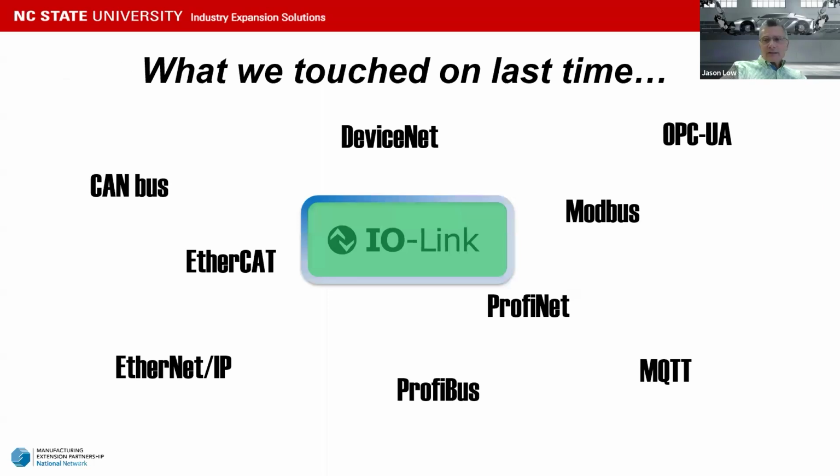So these are some of the common industrial protocols, some of which have been around for many decades. And last time we looked at this particular protocol called IO Link, and IO Link is one of the newer protocols, if we look at a history, that allows devices not to just send a status, whether it has sensed a product going by it in the case of a photo eye, or a particular weight in the case of a weigh scale, but it also communicates all sorts of other information.